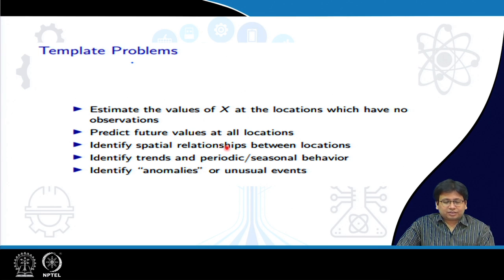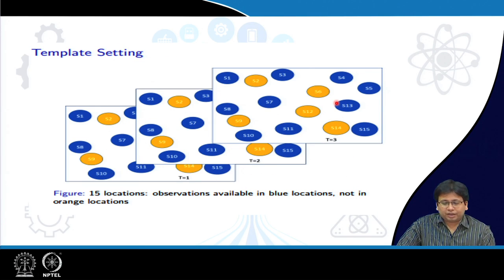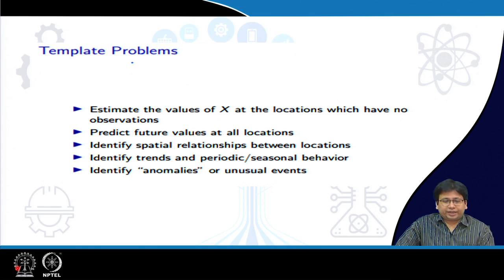Then the next set of problems are more diagnostic in nature. Like, given the observations at all the blue points, can we identify some sort of spatial relationships between them? That is to say, can we say things like whenever the observation in S1 goes up, that in S3 also goes up, while that in S13 goes down, or these kinds of relations, shall we be able to identify?